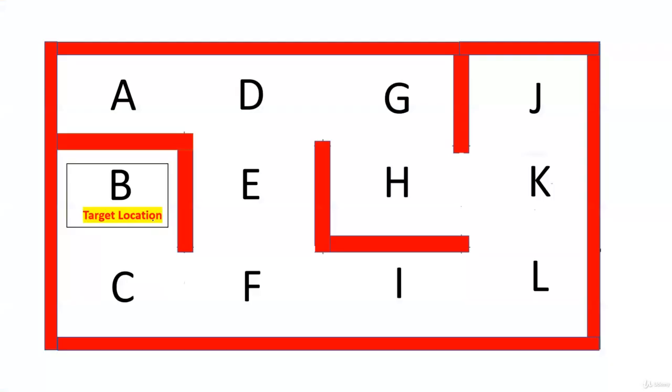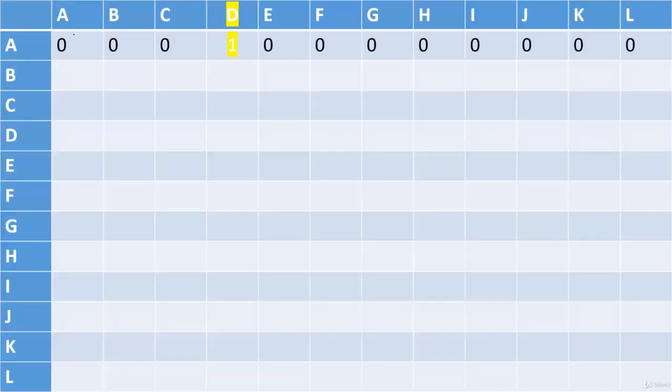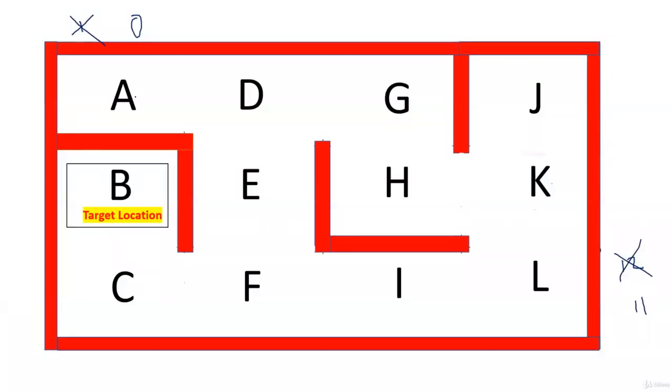You can see A to L is 12 locations. So we can name them 0 to 11 also. It's completely fine to give 0 to 11, that would be a better idea. So A is considered 0 and L is considered the 11th location.